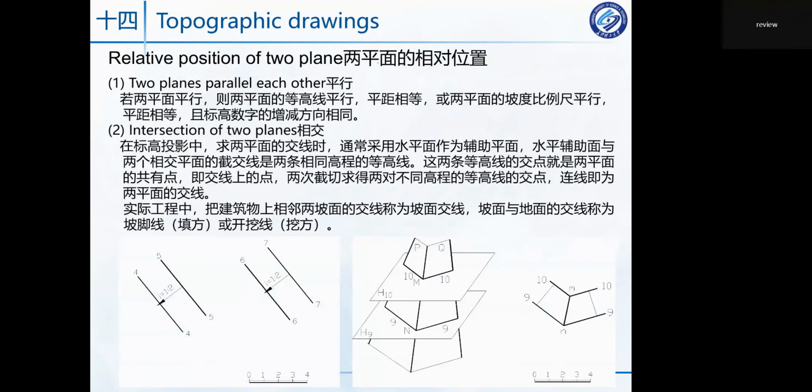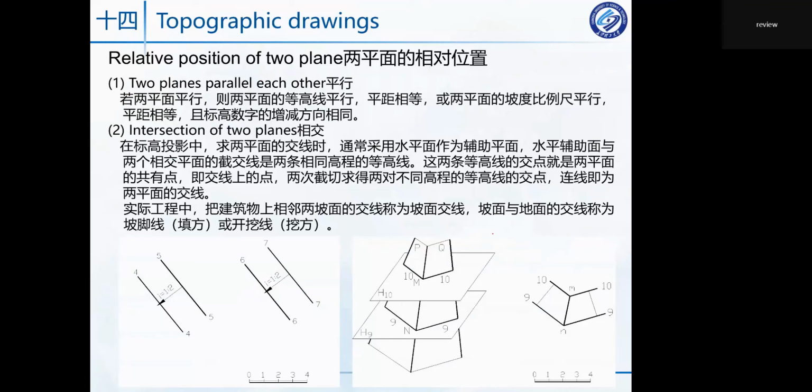Okay, so you can see now we can represent a plane by a contour line and a slope line that is vertical to this contour line. So how about the relationship between two planes?